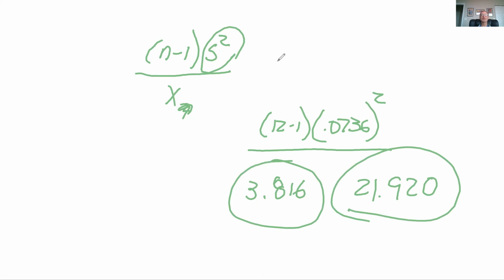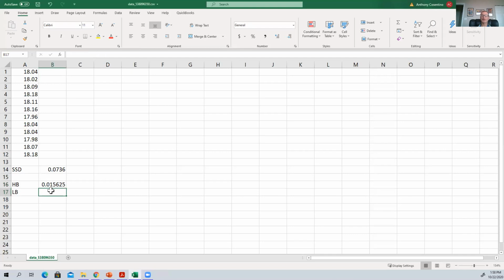So what did I do? I'll just relabel it, right? And so let's do the lower bound. And so this one, again, would be equals 11 times, again, the standard deviation squared, which is the variance, right?